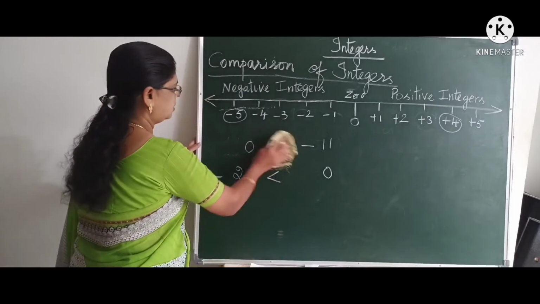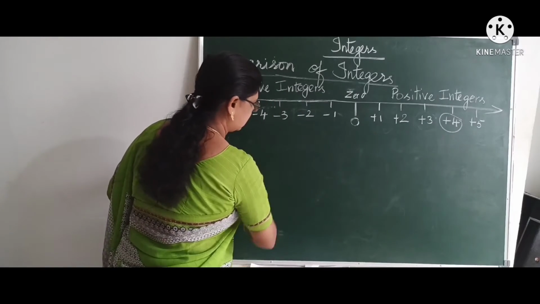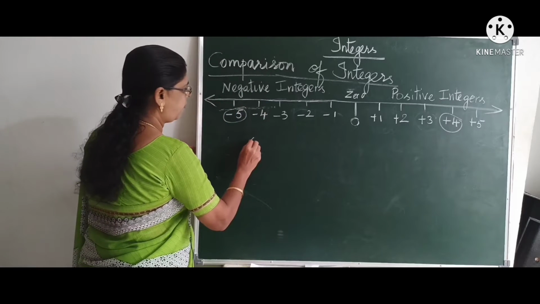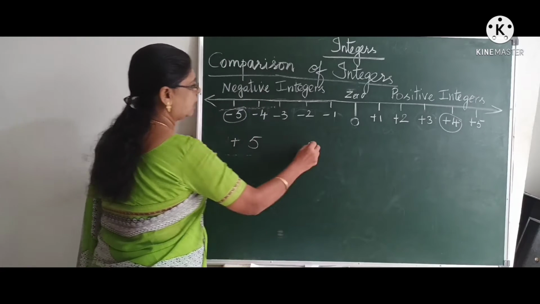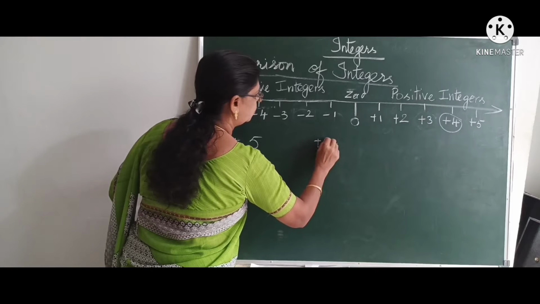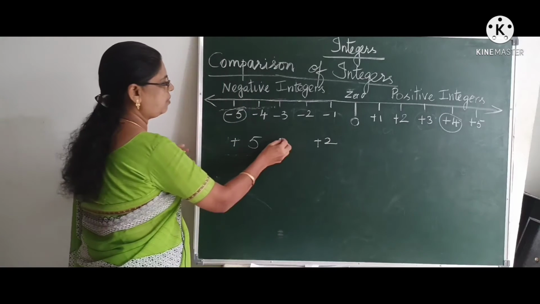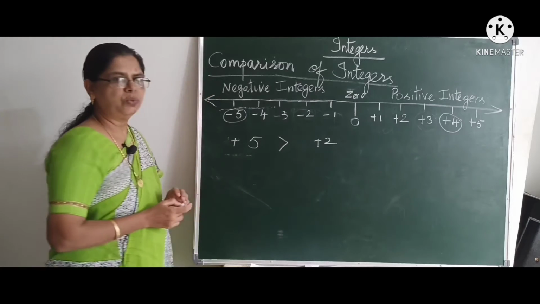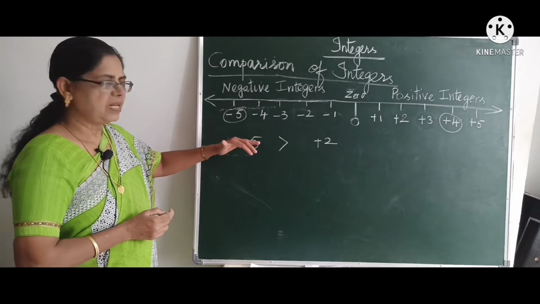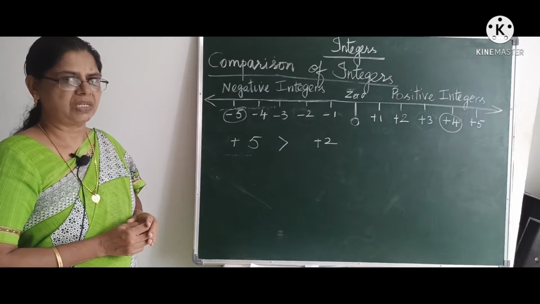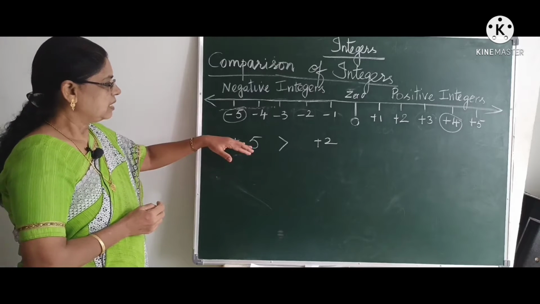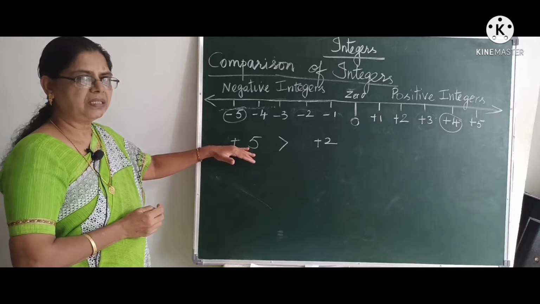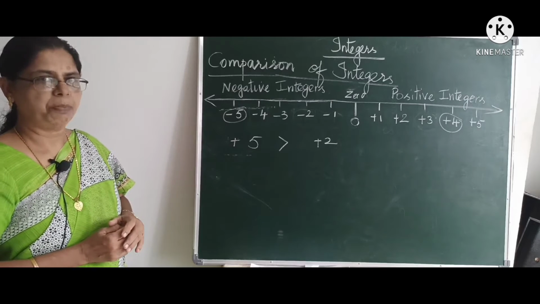Let us take two integers, for example, plus 5 and plus 2. Plus 5 is bigger than plus 2. See, there is an interesting fact, children. Listen carefully. The greater the number, the smaller is its opposite.